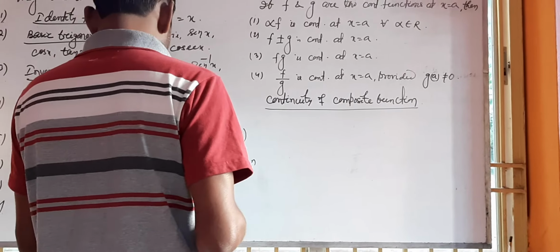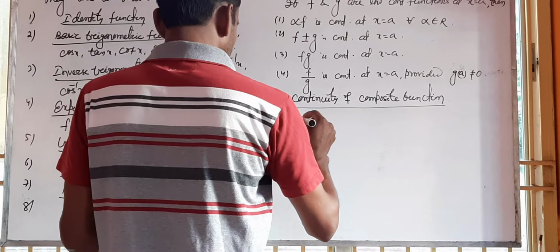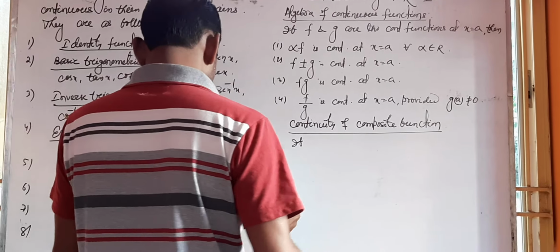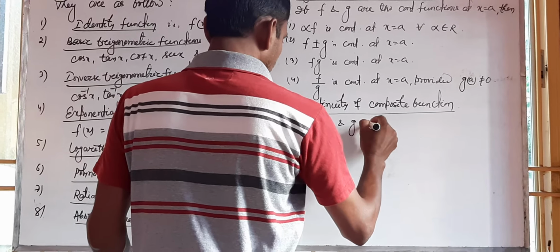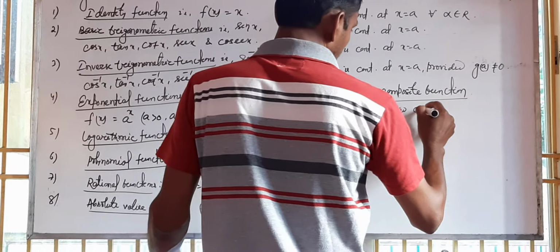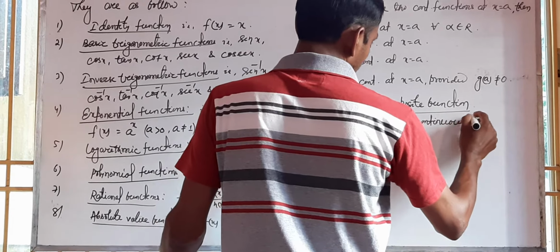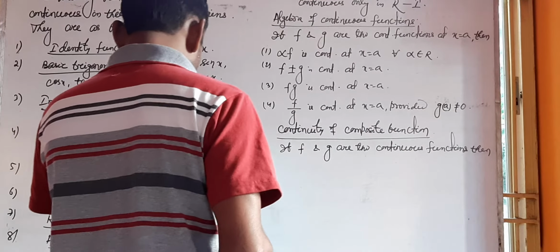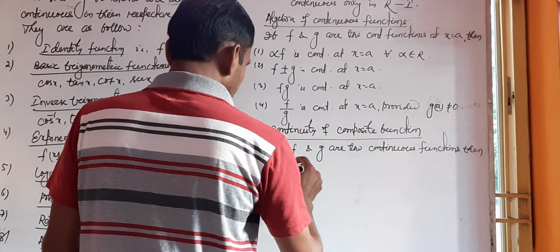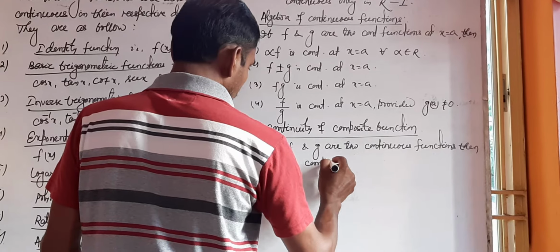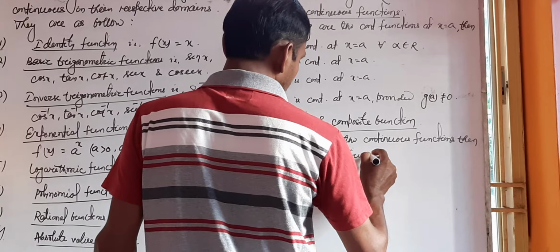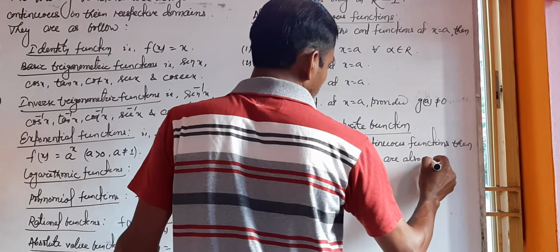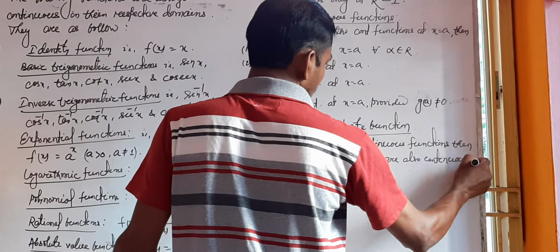Composite function: if f and g are two continuous functions, then their composite function is also continuous.